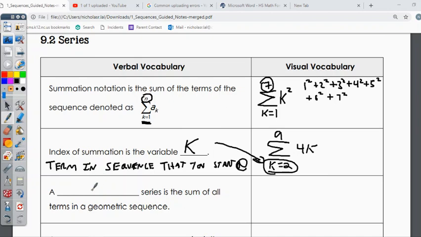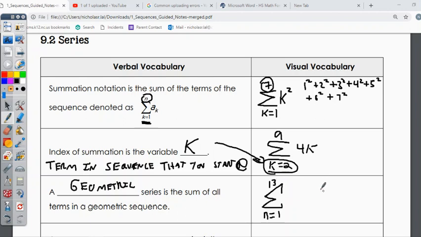All right. A geometric series is the sum of all terms in a geometric sequence. So here's what a geometric series could look like. You have sigma notation. Your starting number, let's say it's n equals 1. You start at the first term. You end at the 13th term.